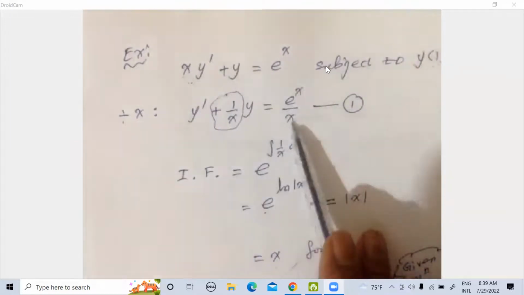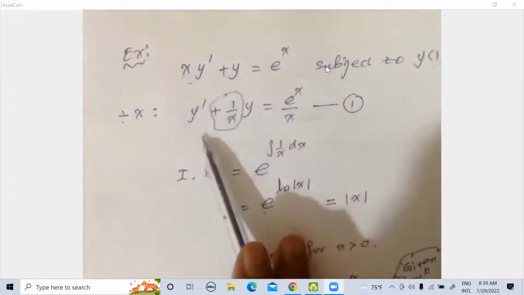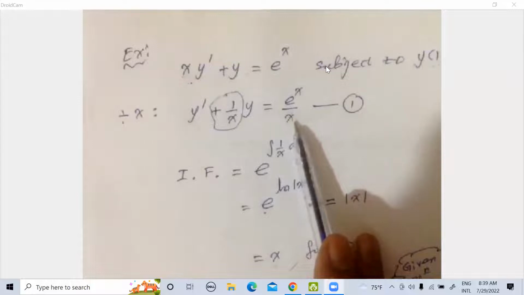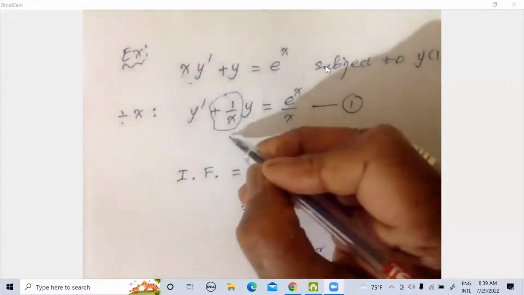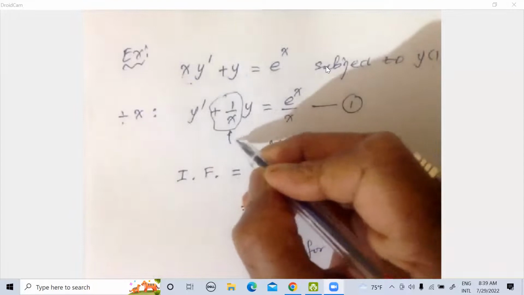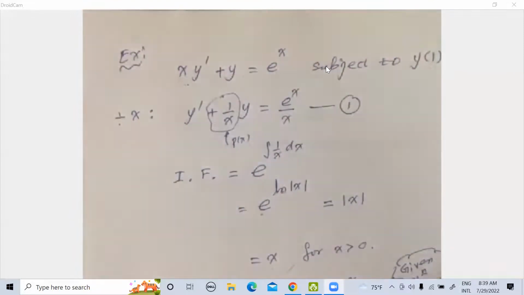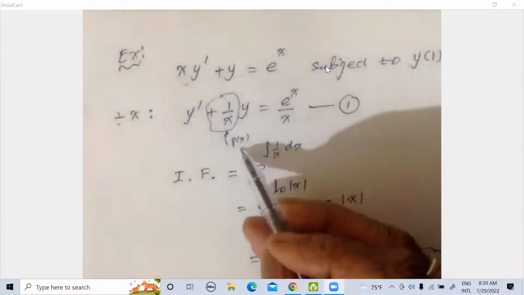Divide this also by x. So this equation becomes this one. Now this is a first order linear differential equation. This is our p of x in the standard form, and this part is q of x. But for the integrating factor, I need only p of x.